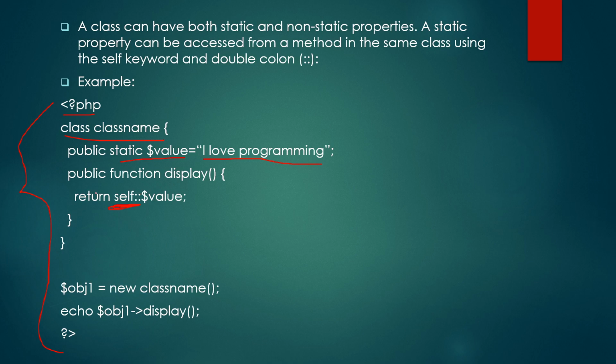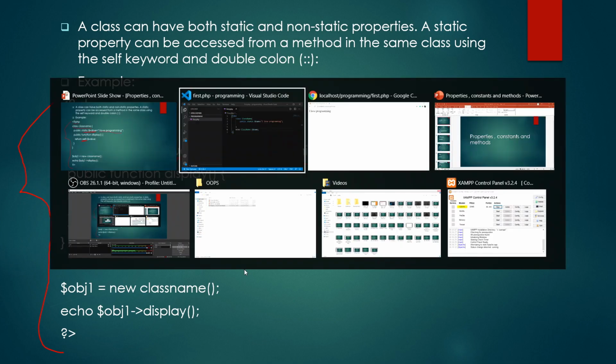Through this method I will be able to access this property. We saw the same in case of non-static properties, just there we made use of the $this keyword.